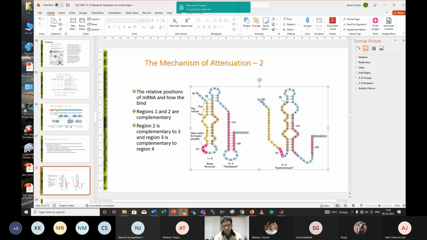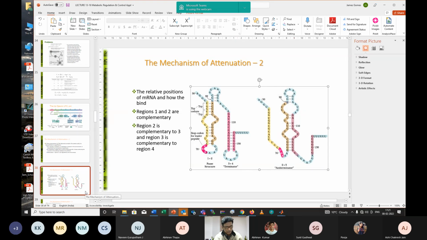And the other one is where 1 and 4 are vacant, but 2 and 3 will bind and give you this configuration. Okay. So when you have this structure, you have what is called a terminator sequence. And when you have this structure, we have an anti-terminator sequence. Okay. All right.